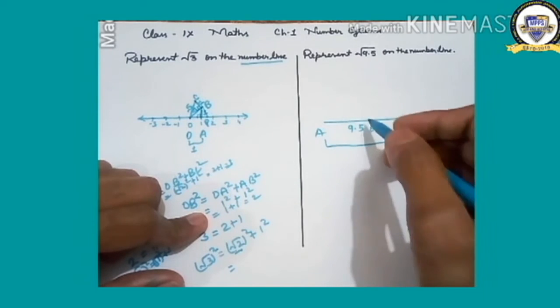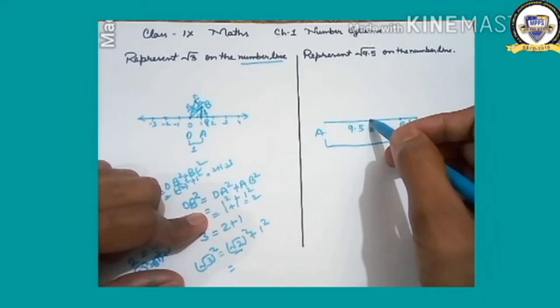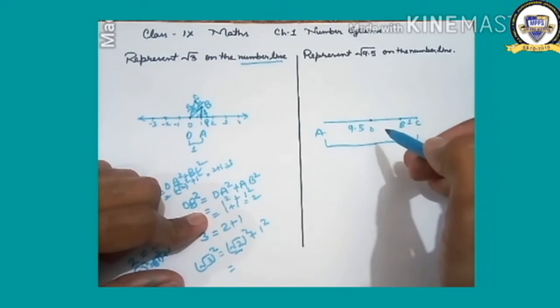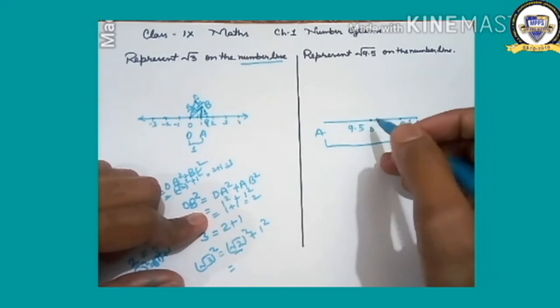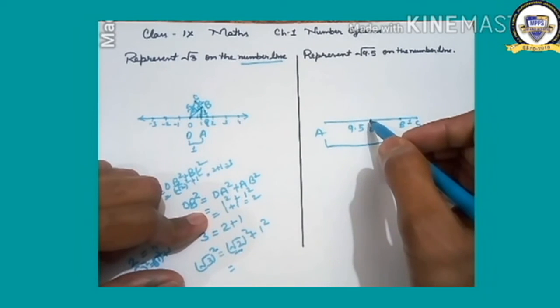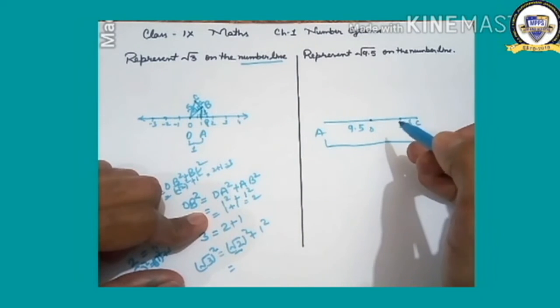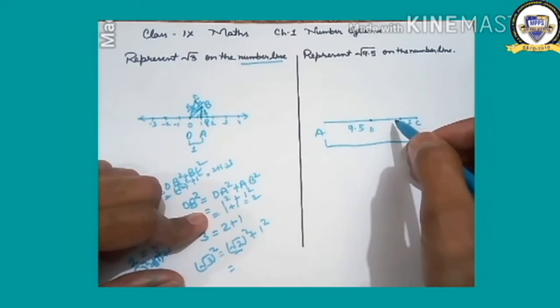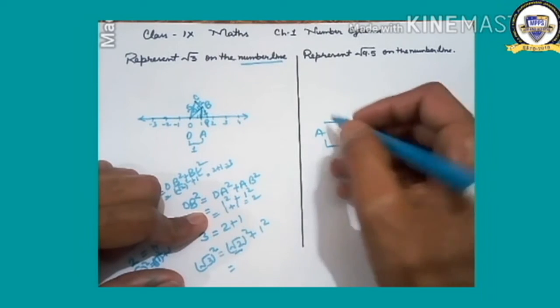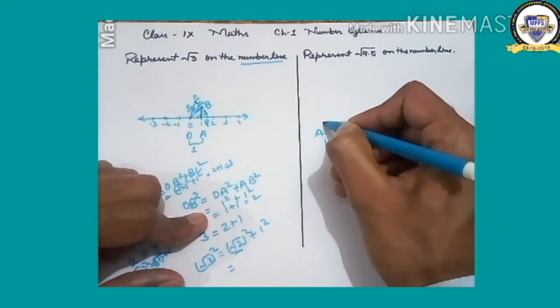Join both the points. You will get a point which is called O. After finding the midpoint O, just take O as center and radius OA, because OA and OC are the same, since O is the midpoint of AC. Draw the semicircle.